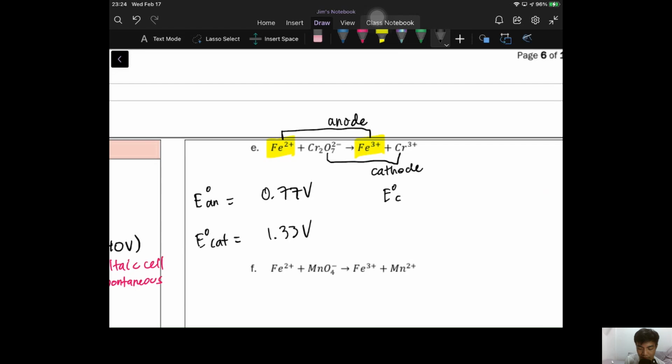So that will be E naught cell equals E naught cathode minus E naught anode. Okay, so that will be 1.33 minus 0.77 volts. So that will be 0.56 volts. Na bumaba yung overall value. Okay. So still positive yan. So that is spontaneous and voltaic cell yan. Pag yan ay naging negative, yan ay electrolytic cell and non-spontaneous yan.